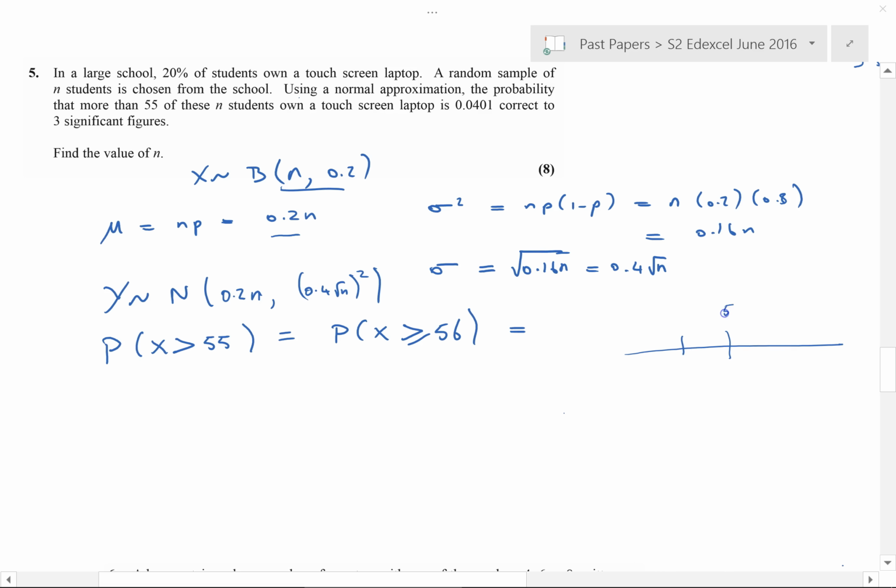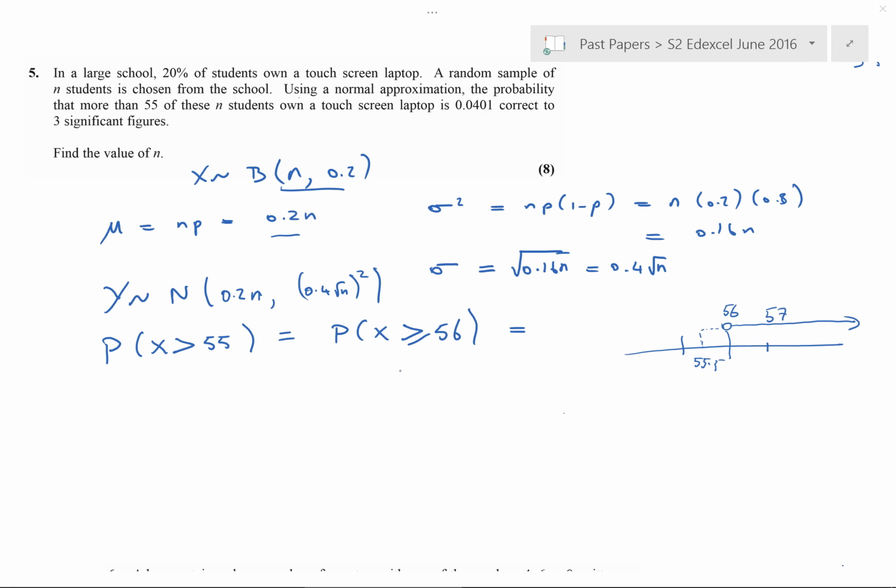We've got 56 here, 57, so that on the number line would be there, and we always extend backwards if we're applying the continuity correction. So 55.5, we go back from the number line, but that's only if we've made that adjustment to a non-strict inequality, so you're always making it bigger.